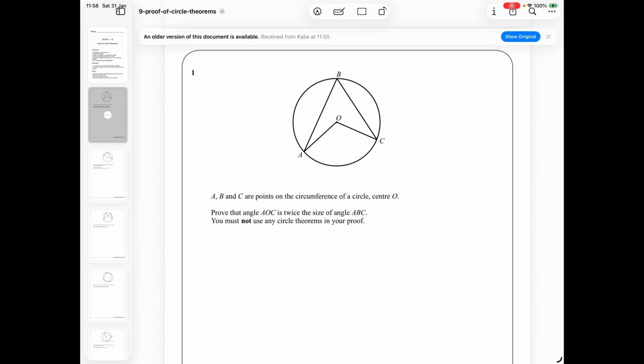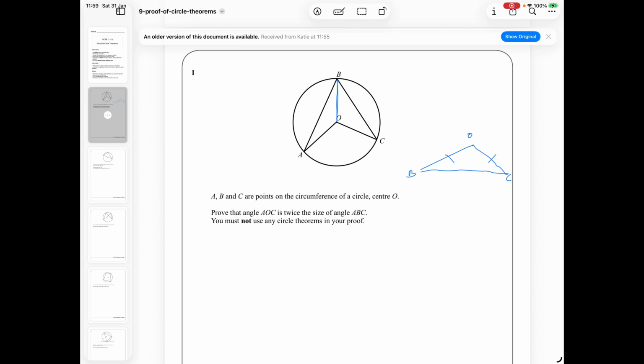Right, so what we do know is that we have two triangles here, and they're both isosceles. Isosceles triangles are quite important in this case. So OBC: this being O, this being B, this being C, these are the same length because they're the radii of the circle.